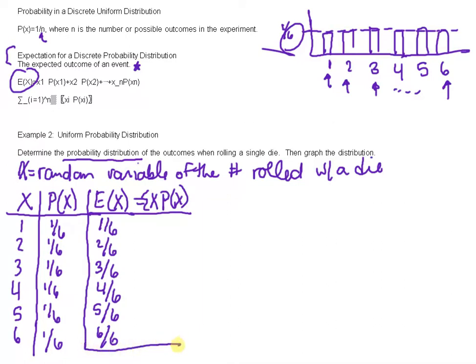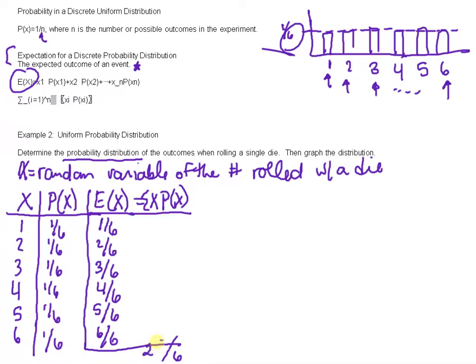Now, what we want to do is total these. The reason I said not to simplify these is because now all of these numbers are over 6, so they all have a common denominator. So we can simply go 6 plus 5 plus 4, which is 15, plus 3 plus 2 plus 1, 15, 16, 17, 18, 19, 20, 21.